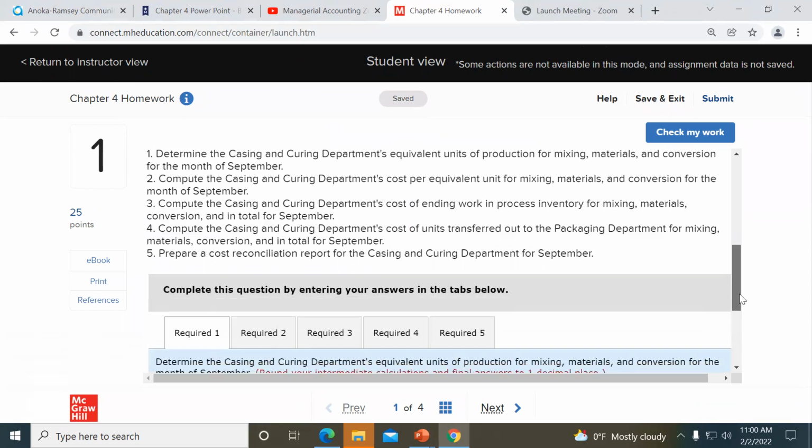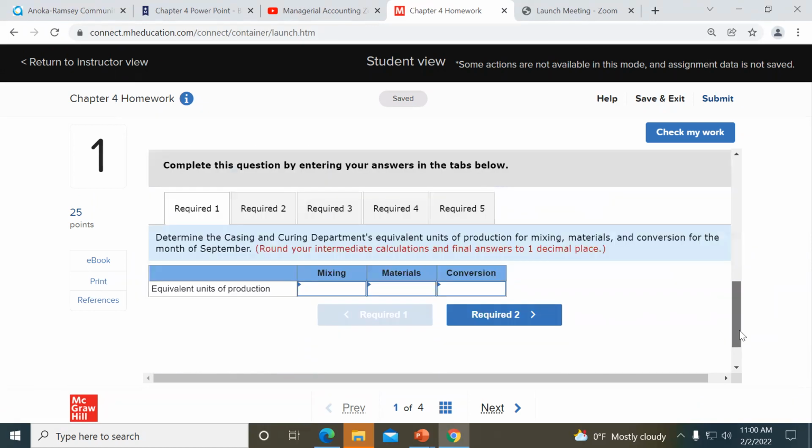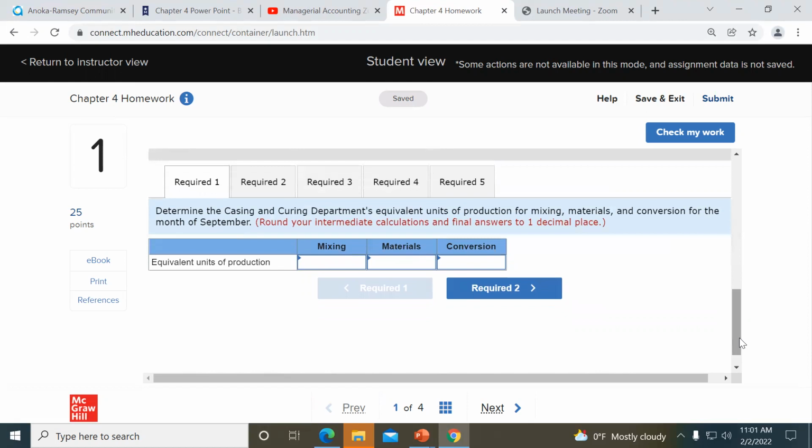So we have all these things we have to do. The first thing is determine the casing and curing department's equivalent units of production for mixing, materials, and conversion for the month of September. Okay?